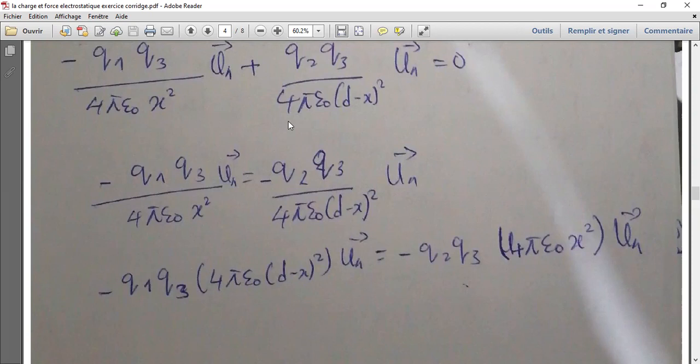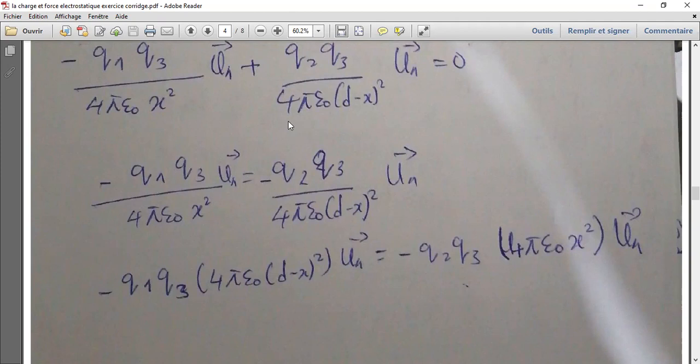So the best thing, with these questions which have got a lot of things to do, is you first simplify your equation. After you simplify your equation, that's when you can put your numbers in.